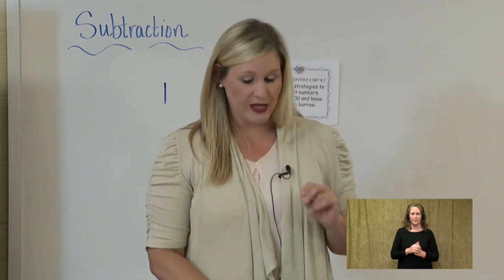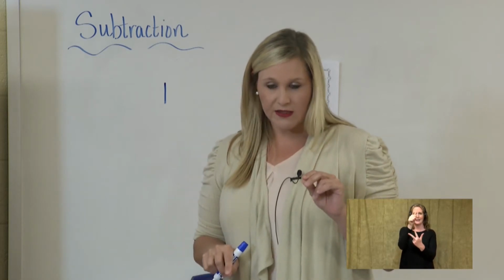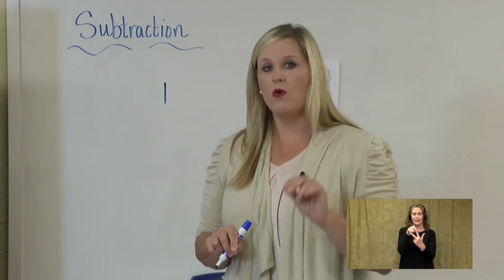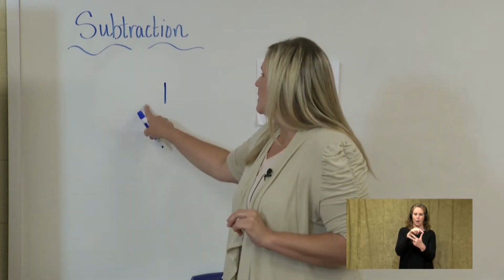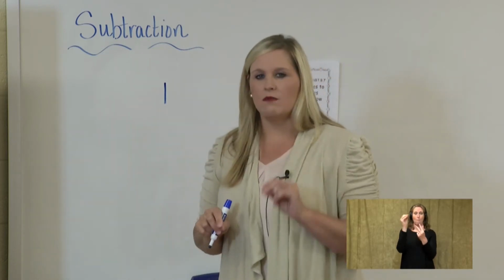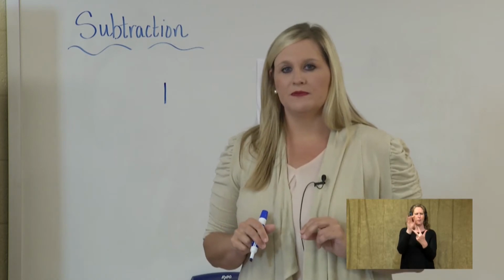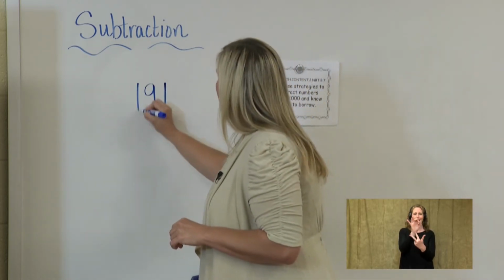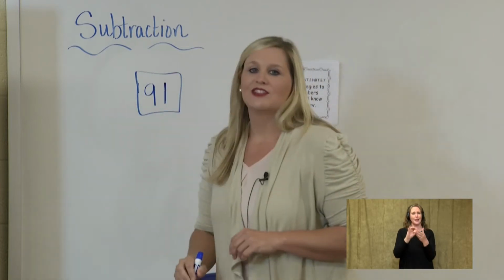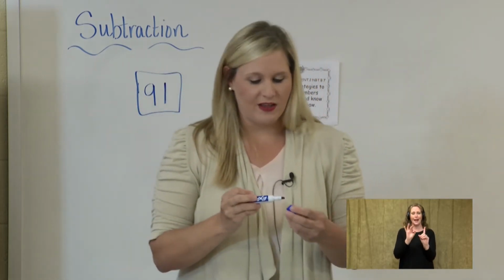Now the tens place digit, the value is 8 more than the ones place. So what digit do you think is going to be in the tens place if it's 8 more than the ones place? That's right, it's a 9. So what is Sean's number? Sean's number is 91. Good job.